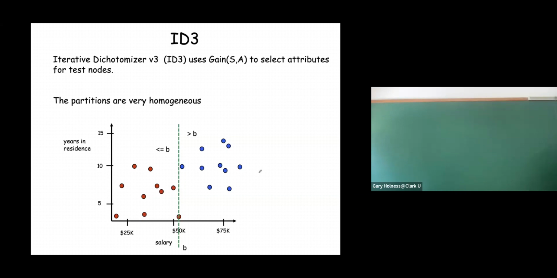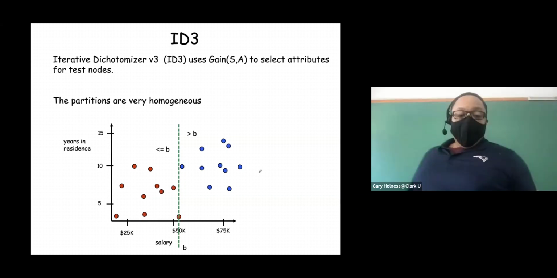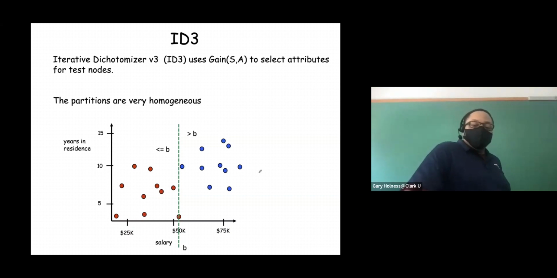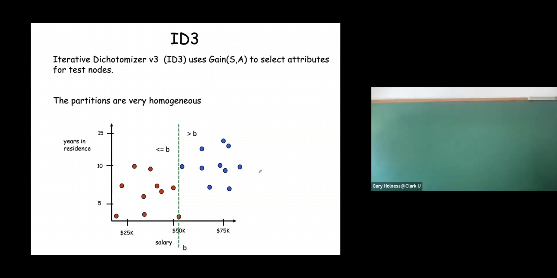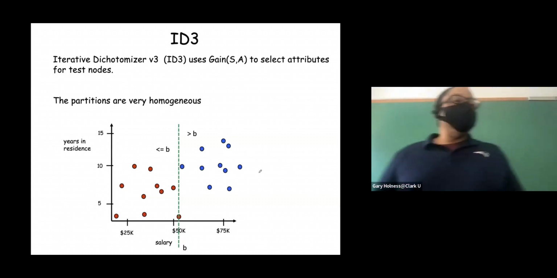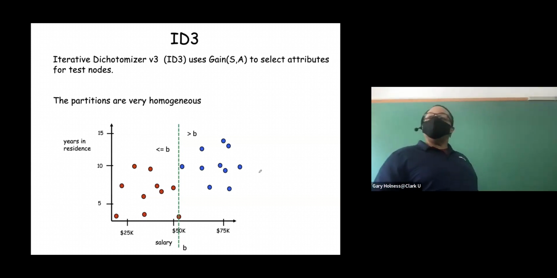If we use that to split up our data, partition it, everything that's less than or equal to value B, well, they're all -1 labels. That's very homogeneous. There's a lot of information there. Everything that's greater than B for our annual salary feature or attribute, they're all blue, right? So yeah, that matches perfectly. It's ideally homogeneous. Does that make sense?